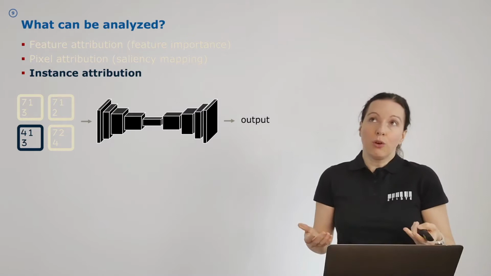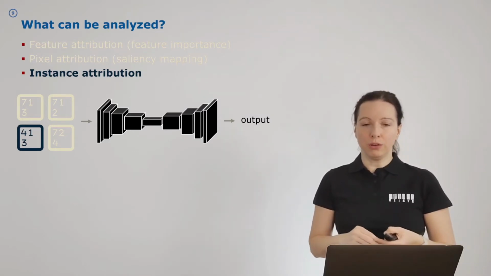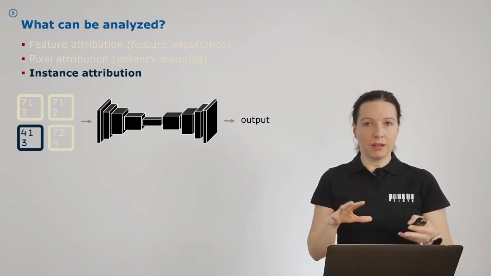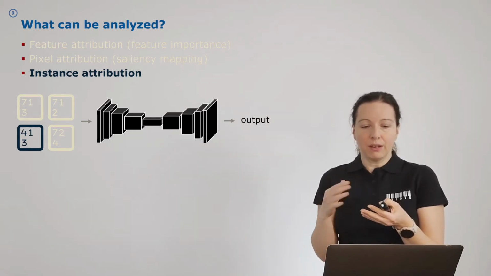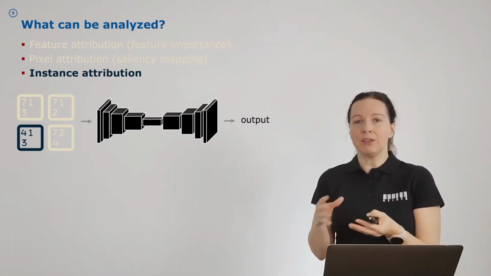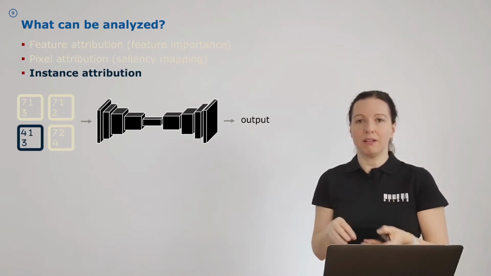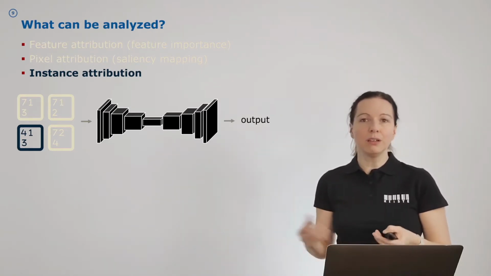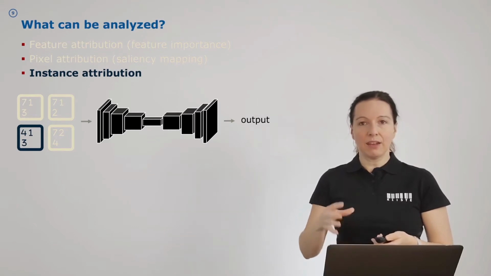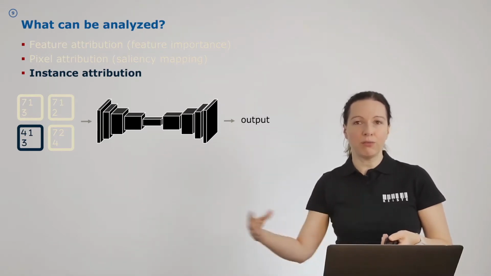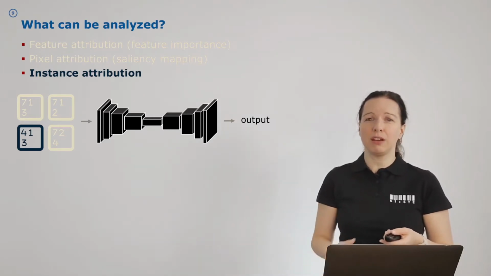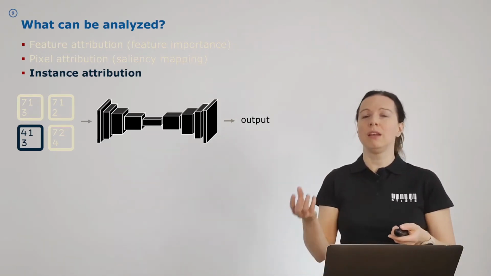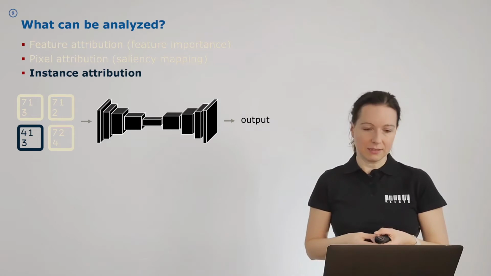So what you could, for example, do is learn a model very quickly, and then analyze which instances were important for the prediction. Then you can take the fine-tuning step or the final procedure, which might take a lot of computation time, and here you only train the model with specific instances.